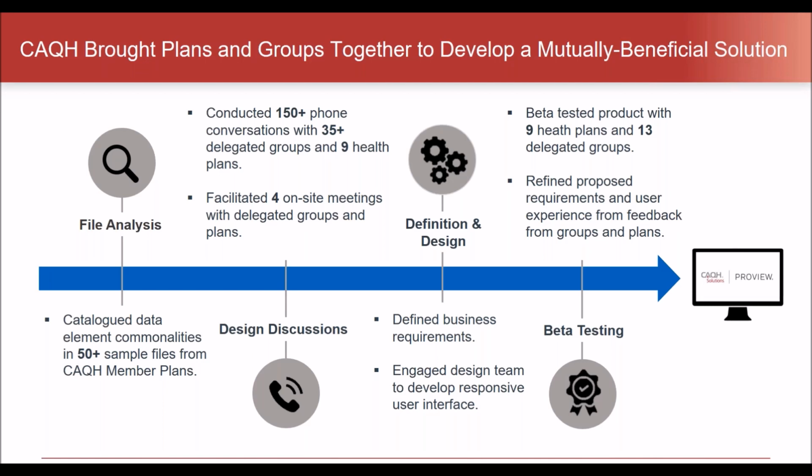So we leveraged those same groups and same plans to receive active feedback on the user experience process, what types of files they would like to receive or be able to submit, and then did a beta test this summer starting in July through September, where we allowed those plans and groups to interact with the system, create real files, submit them, download the outputs, and really test the functionality and enter any requests for enhancements before we went live.